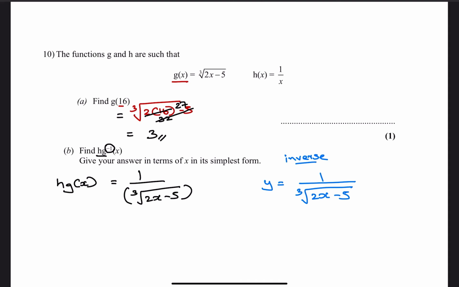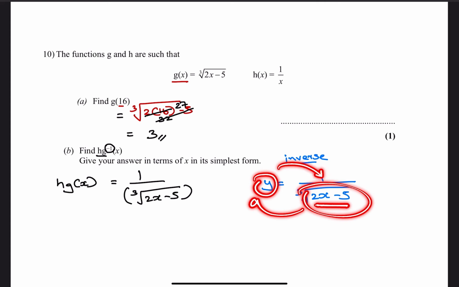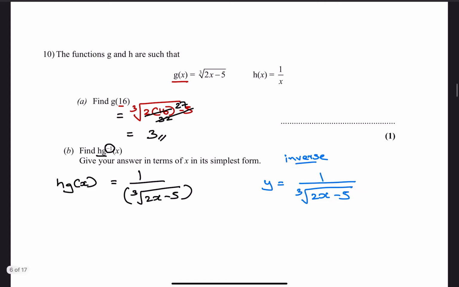So swap them around. That will give you the cube root of 2x minus 5 is equal to 1 over y.